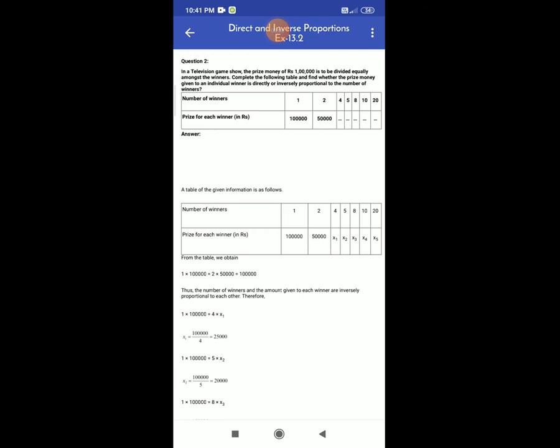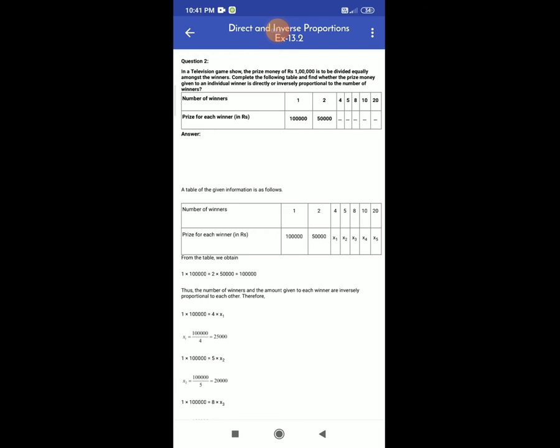Here, if the number of winners is 1, the prize for the winner is rupees 1 lakh. If the number of winners is 2, then the prize for each winner is 50,000. Now we have to find the prize for each winner when the number of winners is 4, 5, 8, 10 and 20.